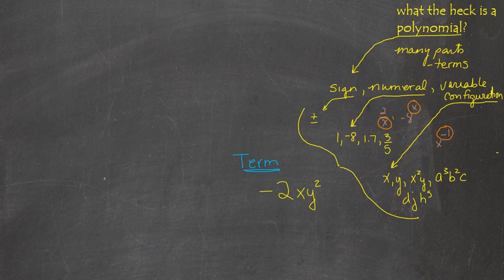Now let's give names to the other parts. Well, the sign is called the sign. The numeral part has its own name in a term, and it's called a coefficient. And then the variable configuration is just the name of the term. This is how we name a term. So this term would be the xy squared term. That's the name of the term. And then we care about the powers for their numeric value.